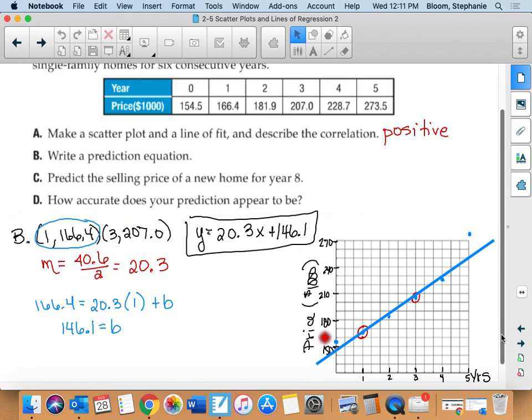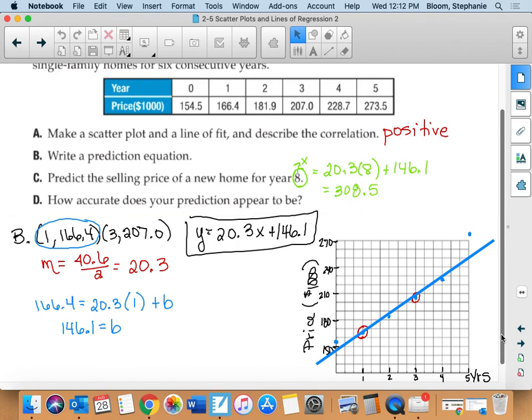Okay. C says predict the selling price of a new home for year 8. So we're going to take this 8 and we're going to plug it in to x. So that's 20.3 times 8 plus 146.1, and you get 308.5.